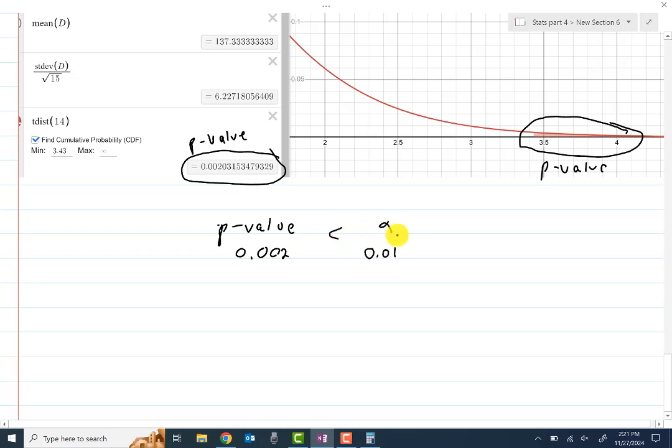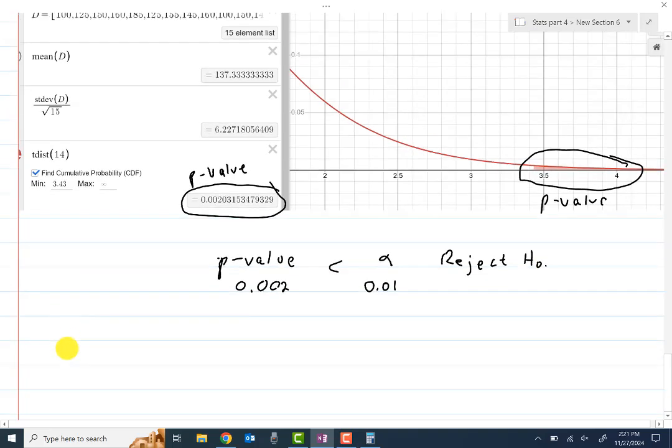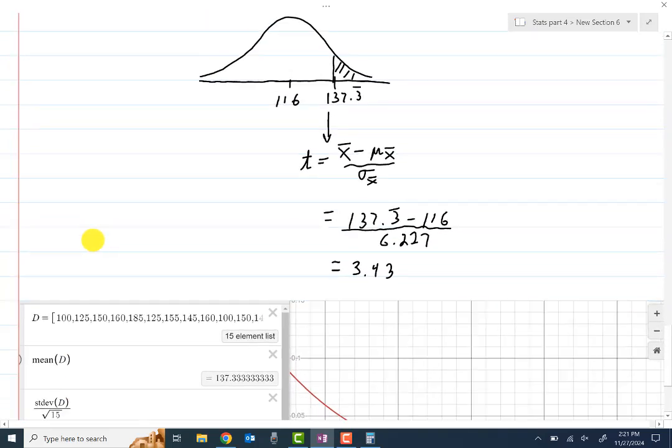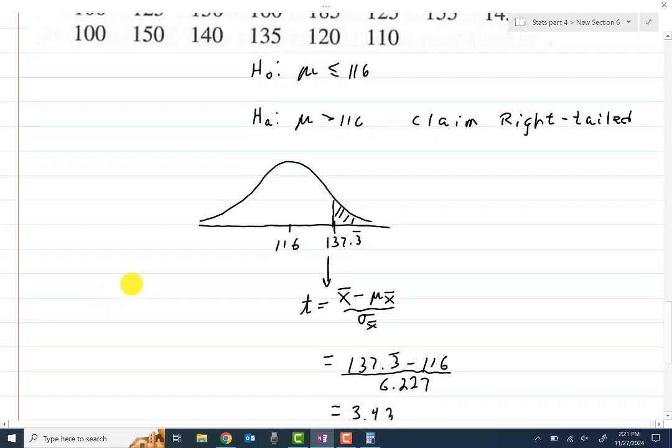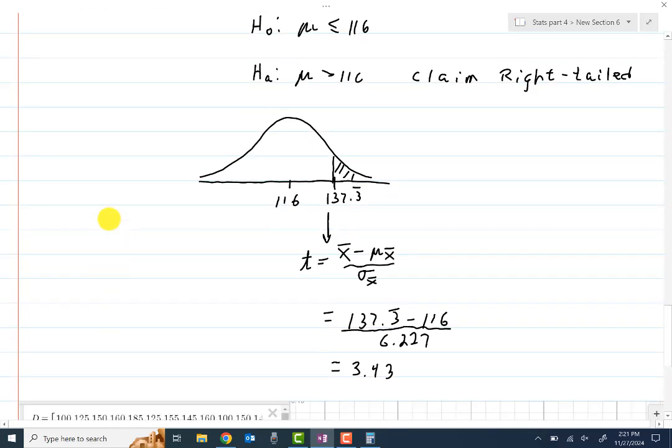So alpha is indeed bigger. So we reject H naught. I would say that makes sense a lot here because the evidence you produced was so much bigger than 116 that H naught, which says it's less than or equal to 116, really seems fallacious. But then the mathematics that are important are all in the background you can't see. It's a combination of the sample size and some normality conditions that are imposed on these problems.